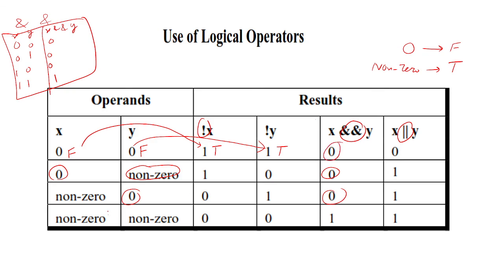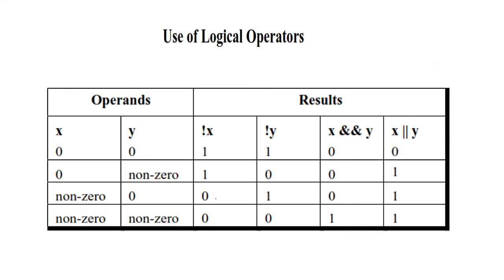But in the case of non-zero values of both, we will have 1 here. Likewise, in the case of a non-zero y, it will become 0, meaning the complement of y will become 0.